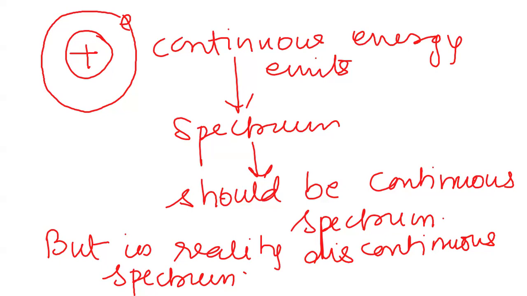Then, third point: when alpha particles come to this point, they experience a force of repulsion and divert from their path, and the positively charged heavy mass, which occupies only a very small volume in an atom, is known as the nucleus. So, good.